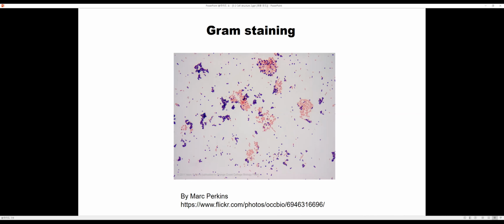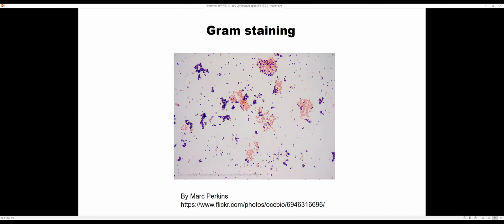The very funny thing here is that it's not a scientific classification, just by adding some dyes: if they are stained, they are gram-positive; if they are not stained, they are gram-negative. If someone else had found this kind of reagent, maybe it would be called something else, positive and negative, maybe for different kinds of bacteria. Later, the structural meaning of this staining was discovered. It has important meaning and also gives insight into the structure.